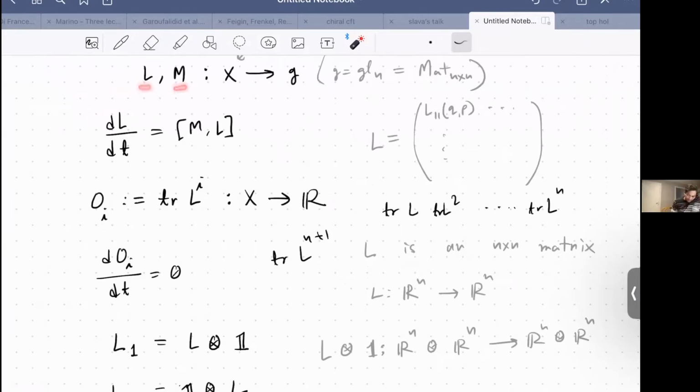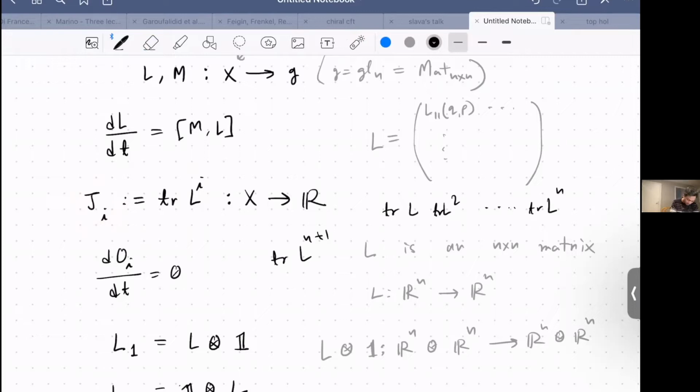So L1 or L2, they do not have an obvious interpretation as a conserved charge. But if you take the power of L and then a trace, then the functions that you get, these are conserved charges. So you can think of them as the J's. So maybe I can even write them as J's.